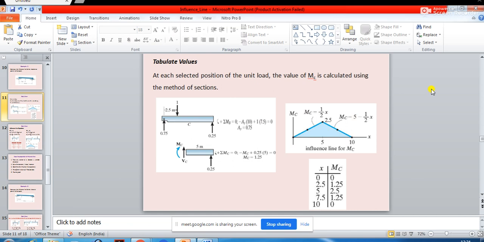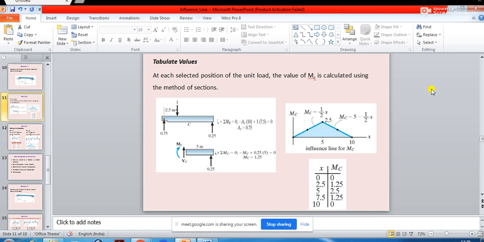Instead of that, if we can find out some methodology where we can represent these bending moments at C as a function of the distance of the load from some end, that means as a function of x. And what is x?